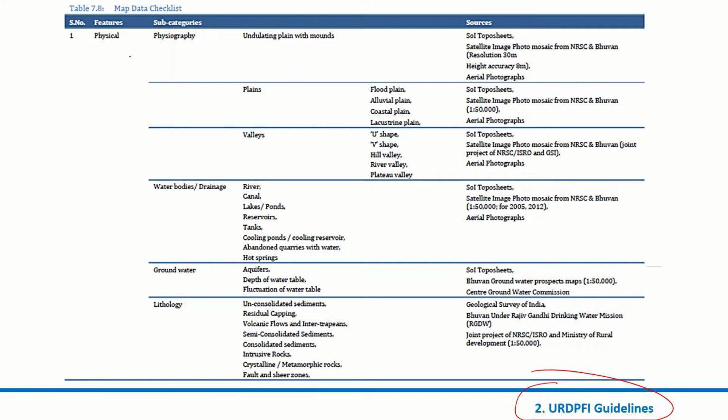For example, let's say the first, physical characteristics. There are certain things that are put here. Maybe these things may not be required. Okay, we will not be doing something on how the flood patterns are and so on and so forth. So probably not required. Okay, we need information on water bodies because we have a river in the site.